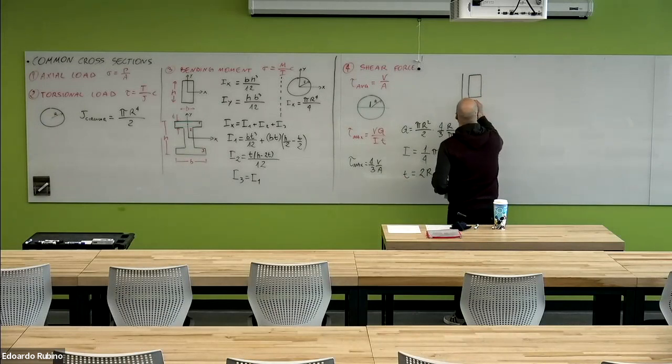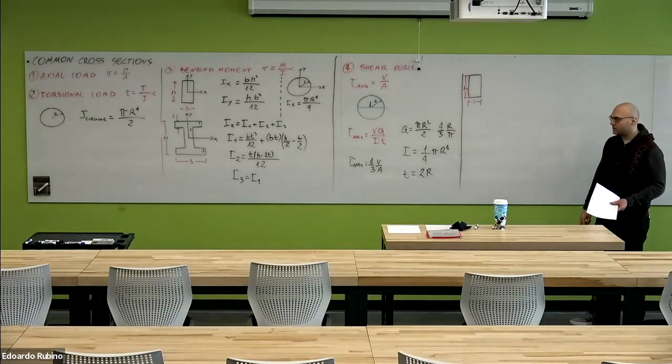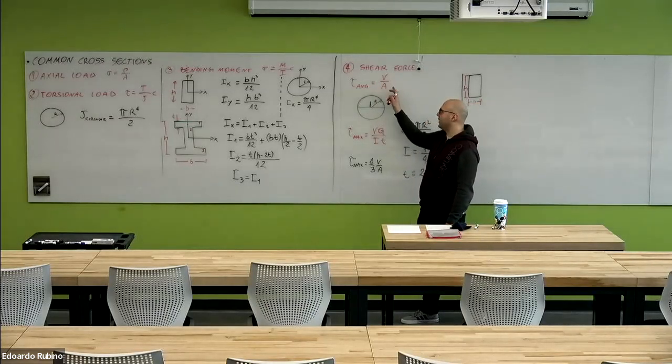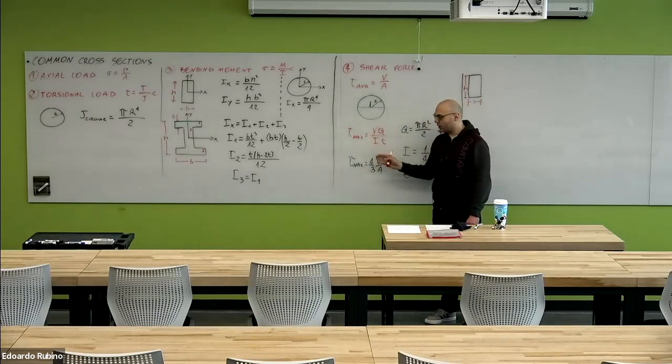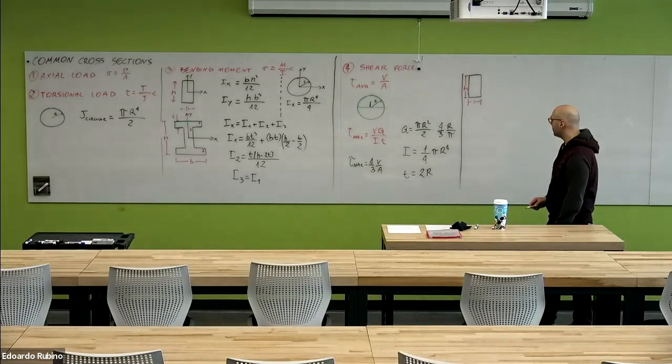Even in this case, we have b and h. And even in this case, we could use the equation tau average equal to V over A. But if we use the shear formula, we will obtain a more correct result.